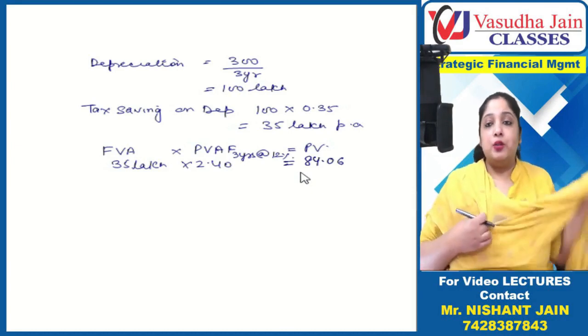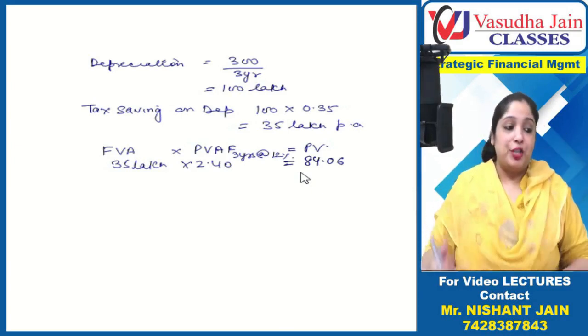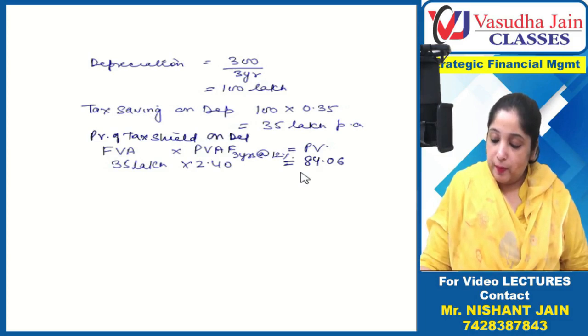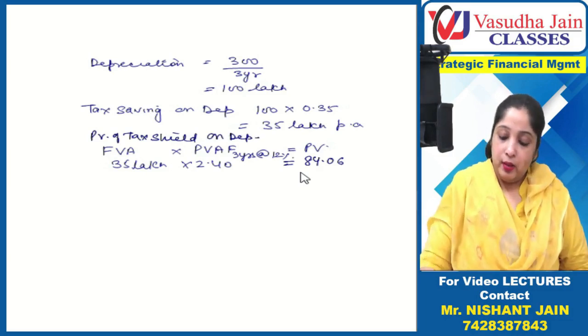So what is this 84.06? Present value of tax shield on depreciation. This we have computed. This is working note number 1.